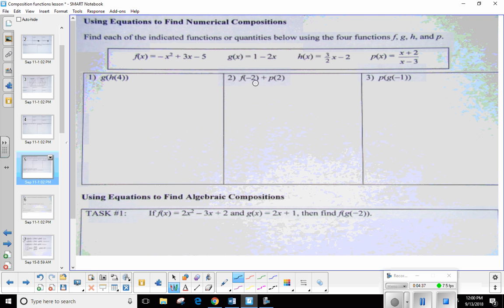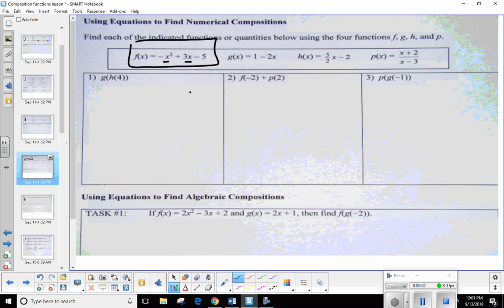Now, while this is not a composition of functions, it is at least a little bit of review when it comes to function notation. So we've got 4 functions here, f, g, h, and p. So we'll know exactly what equation we need to substitute into. All right, so like f of negative 2. So here's function f right here. So I want to replace every x with that negative 2.